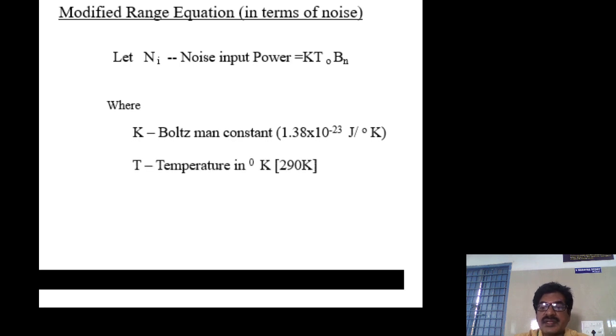T naught is the temperature in degrees Kelvin, considered as 290 degree Kelvin as room temperature. And Bn is the receiver noise bandwidth, bandwidth with reference to noise. Like that, we can express Ni, the input noise power.